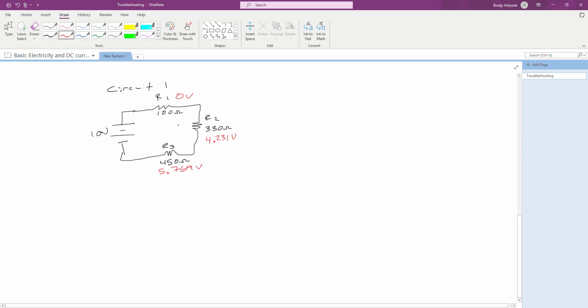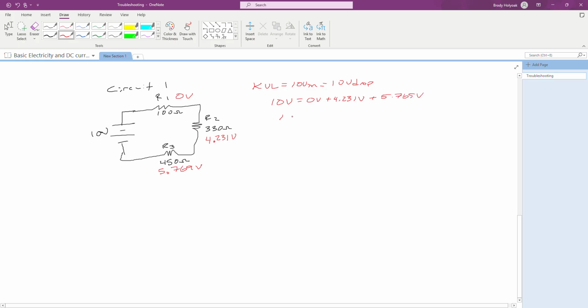We know that in a circuit, my Kirchhoff's voltage loop has to be, my 10 volts in has to equal the 10 volt drop across everything. So if I do my loop, I've got 10 volts on one side, and that's going to be equal to a 0 volt plus a 4.231 volt plus a 5.769 volt.